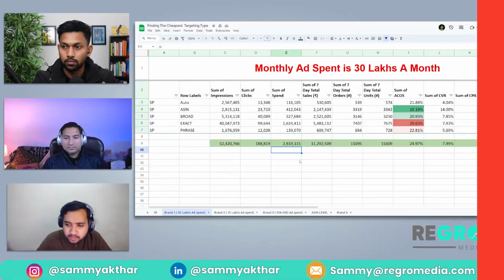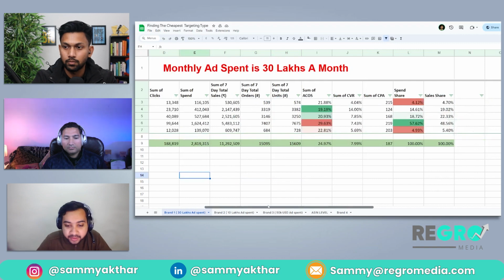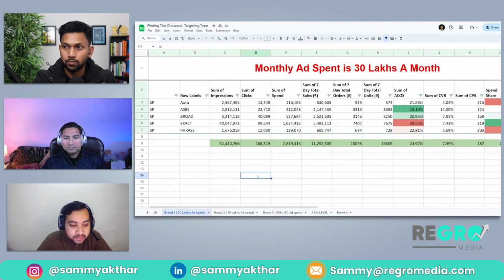Right. Okay. So this is a brand which has around 30 lakh of ad spend monthly, and we will be discussing the match types in the sponsored product ad type.